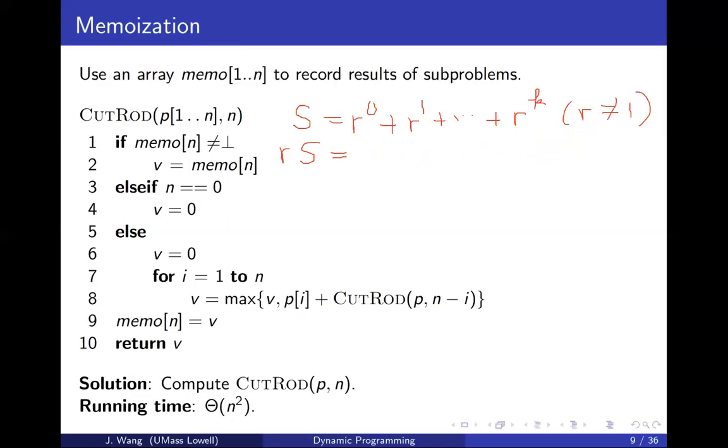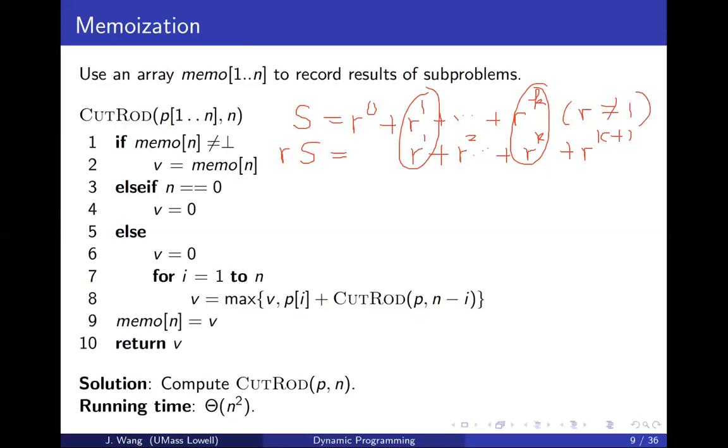So r times r to the 0 is r to the 1, so let's put it here. r times r to the 1 is r to the 2. And then r times r to the k is r to the k plus 1. See, all of these columns are the same. So you subtract them, they cancel each other out.